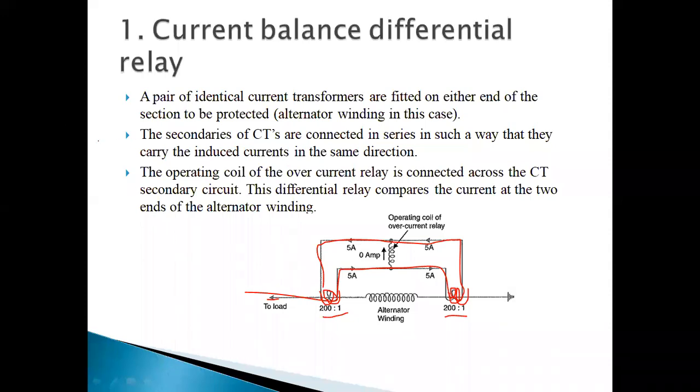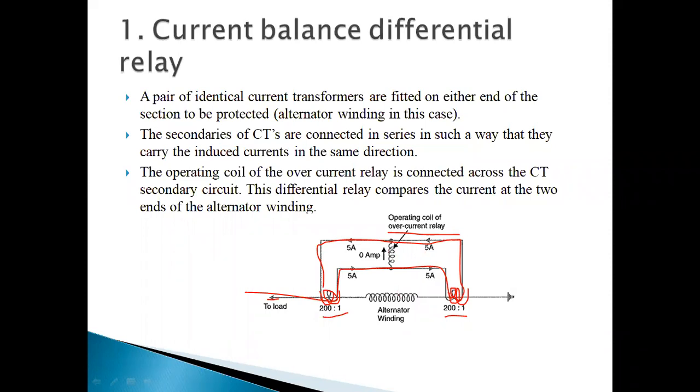Now here we have taken the operating coil of the overcurrent relay. This is the operating coil, means when some current flows through this coil, then your relay will operate.